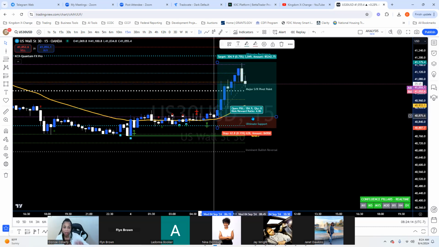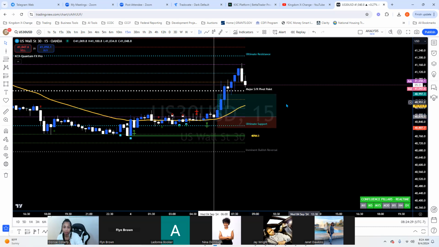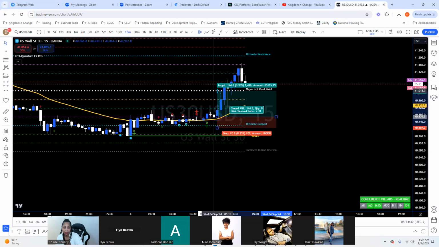And it went almost 1 to 5. There are different strategies you can decide to trail it, but I recommend starting with the 1 to 2, which would be there. And look at where your 1 to 2 is. It's right at a major support area. So you could also even do it to that support.